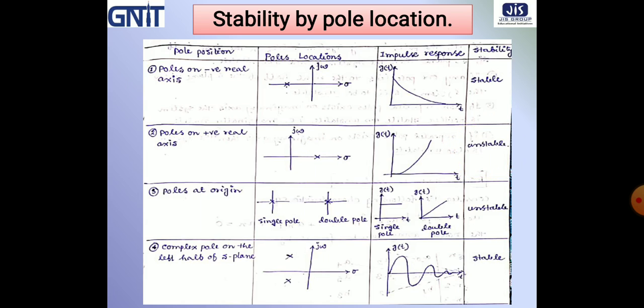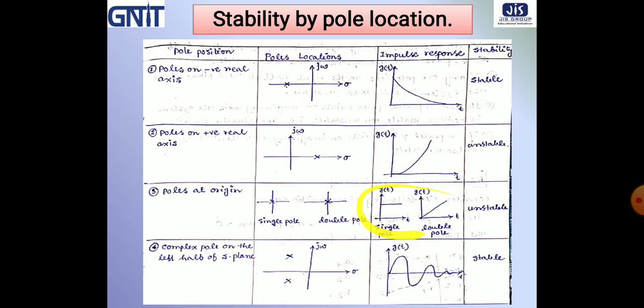Now, if the poles are at the origin, then what will happen? If a single pole is present at the origin, then the impulse response will be a step response. And if there is a double pole at the origin, then the impulse response will be like a ramp signal.